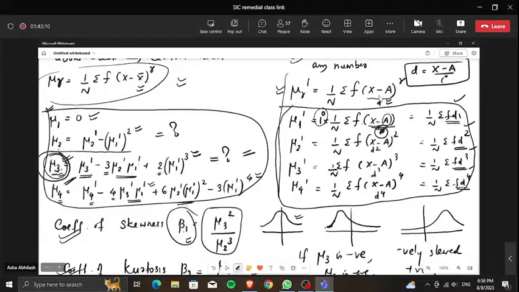Is that part clear? If you have not multiplied by this I, then your value will be invalid. Similarly, if I square is there in mu2, then you have to multiply it by I square. So whatever division part is there, accordingly you have to multiply here. Otherwise your value will be invalid. Is that part clear?